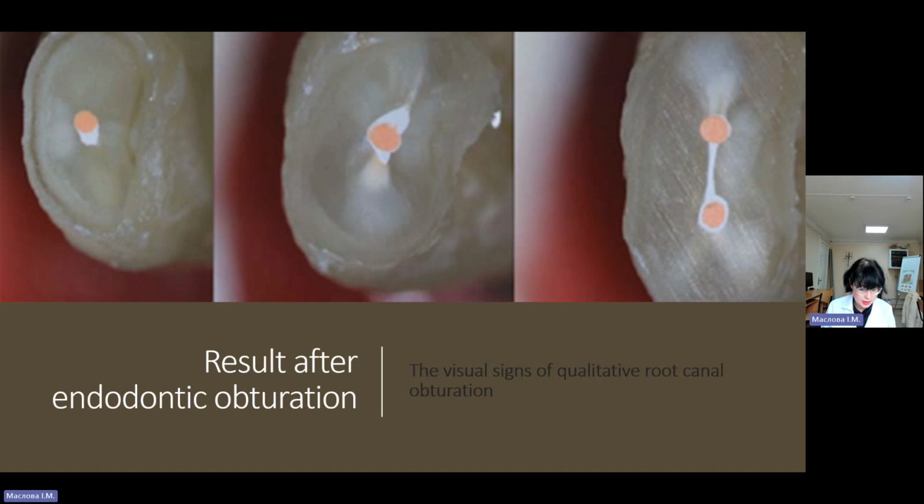Different authors describe the use of Endotec thermal endodontic condensation, a warm lateral obturation method that combines the apical control of cold lateral condensation and the homogeneity of warm vertical condensation.